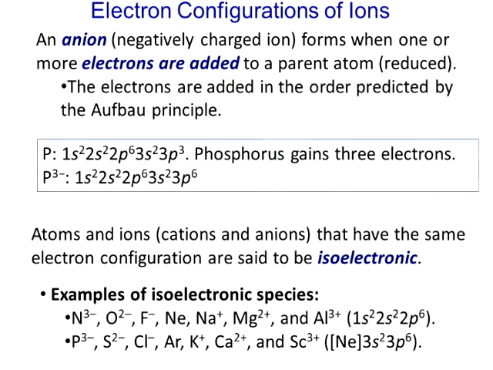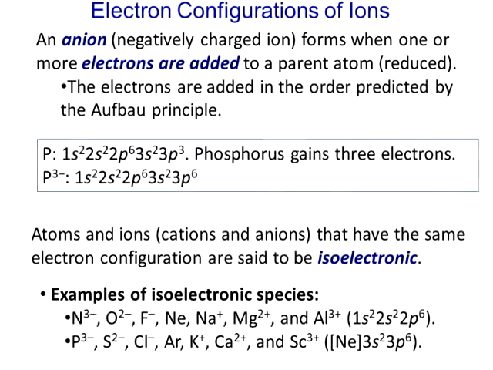An anion, a negative charge ion, forms when one or more electrons are added to the parent atom when it undergoes reduction. The electrons are added in the order predicted by the Aufbau principle, meaning the filling order based upon its position on the periodic table.